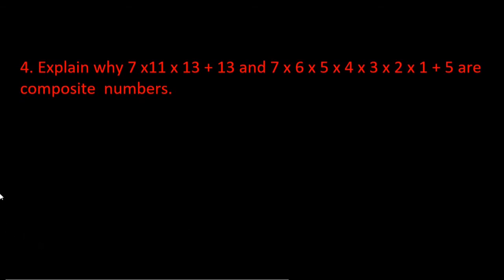Now explain why 7 into 11 into 13 plus 13 and 7 into 6 into 5 into 4 into 3 into 2 into 1 plus 5 are composite numbers. So what is a composite number and what is a prime number?